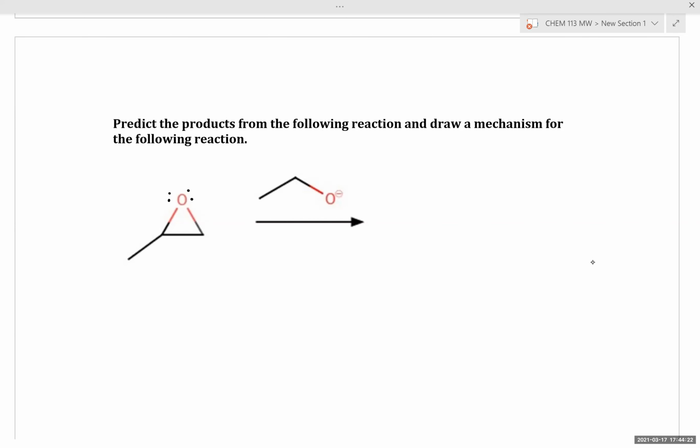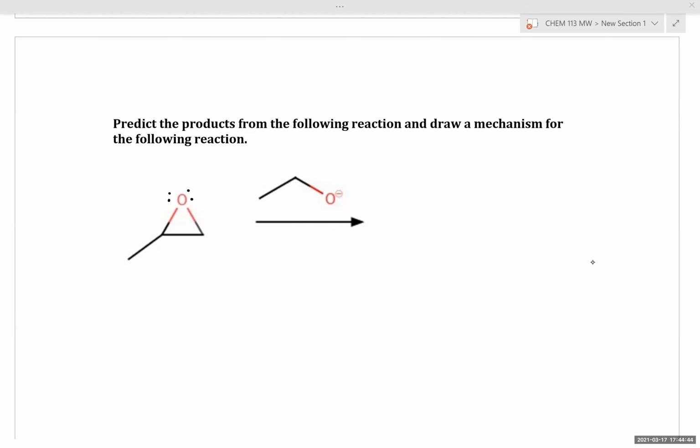So in this case, since we're treating it with ethoxide, is that a base or is it an acidic reagent? Answer the question in the chat. Are we under acidic or basic conditions? We're under basic conditions. So then, what would the mechanism be under basic conditions?